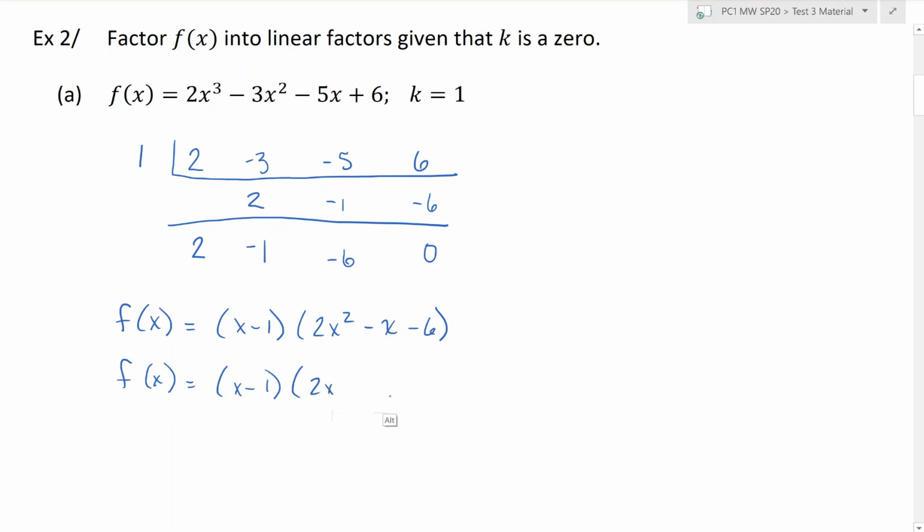So we'll put a 2x and an x there, and let's do a 2 and a 3, minus and a plus. That would give me my negative 4x plus 3x is a negative x for my middle. Now we have all linear factors, x to the 1, 2x to the 1, x to the 1. And you're finished with that problem.